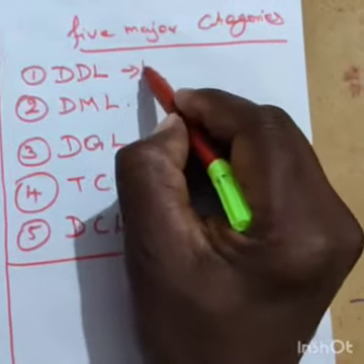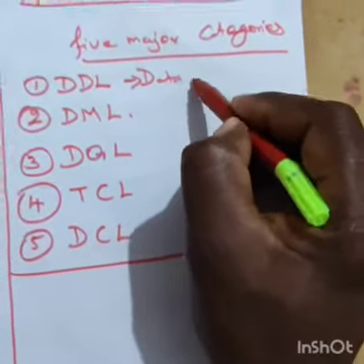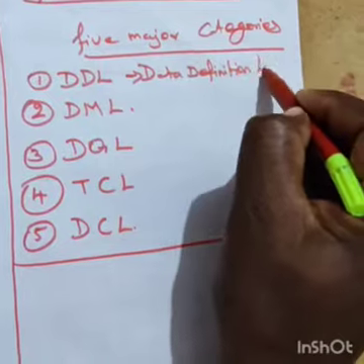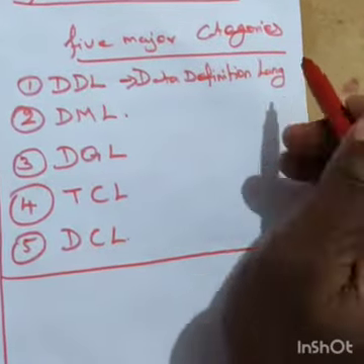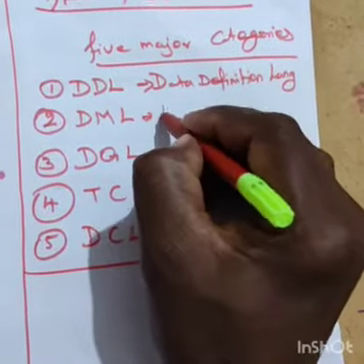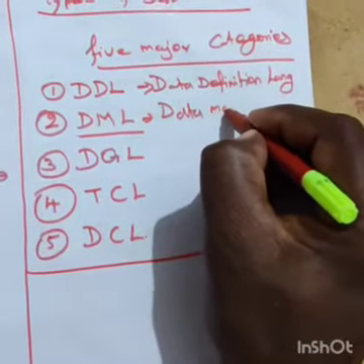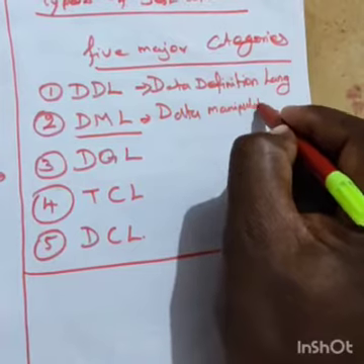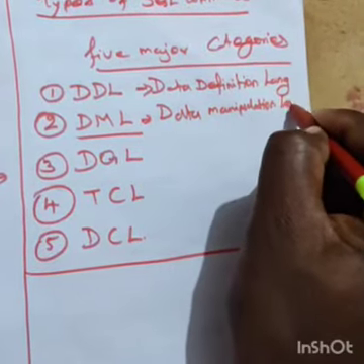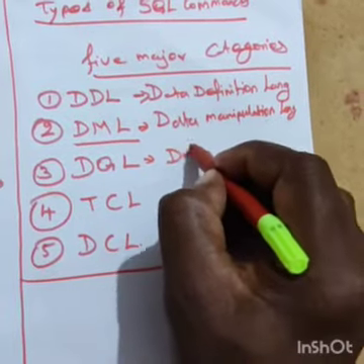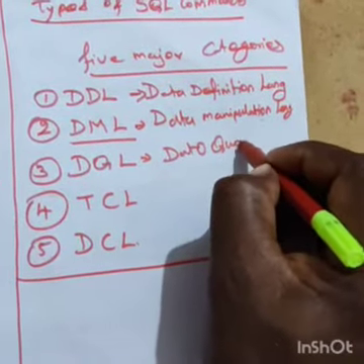DDL means data definition language. DML means data manipulation language. DQL means data query language.